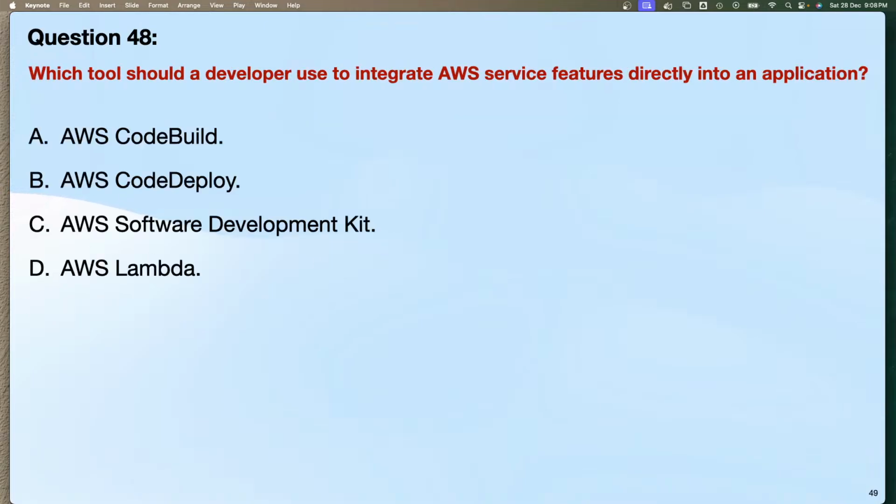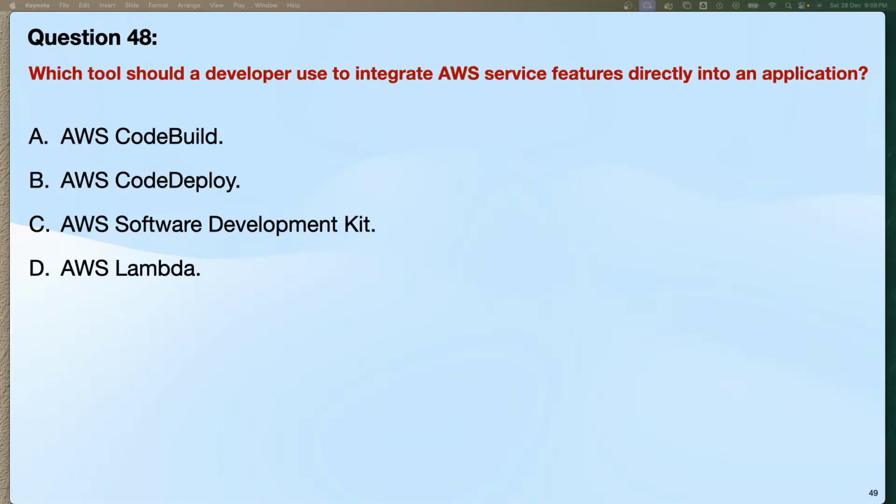So 48, right? Which tool should a developer use to integrate AWS service features directly into an application? This question is trying to check what your options are. Remember AWS comes with an SDK, software development kit. That is the most appropriate option. Like any APIs or third-party software or applications, we integrate via SDKs.